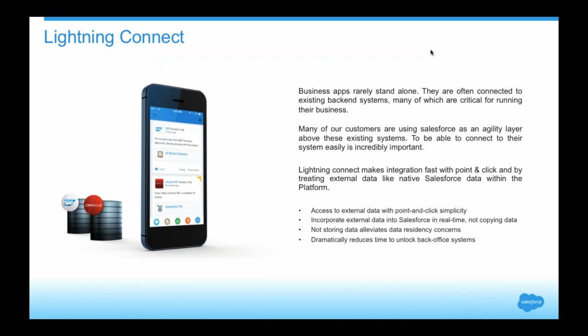One small change: I believe right now the name has changed from Lightning Connect to Salesforce Connect. It's difficult to keep track of it, because I have no idea why they change it every time. To me, it's like the same soap with a different wrapper. That is true.